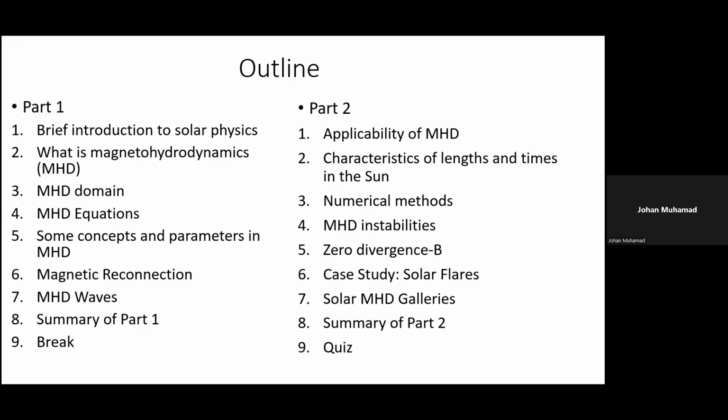And then I will explain what magnetohydrodynamics is, the MHD framework, MHD equations, and some concepts and parameters in MHD. And then I will explain about magnetic reconnection, MHD waves, and I'll give you a summary of this first session. Then we are going to go to the second part after the break, I think.